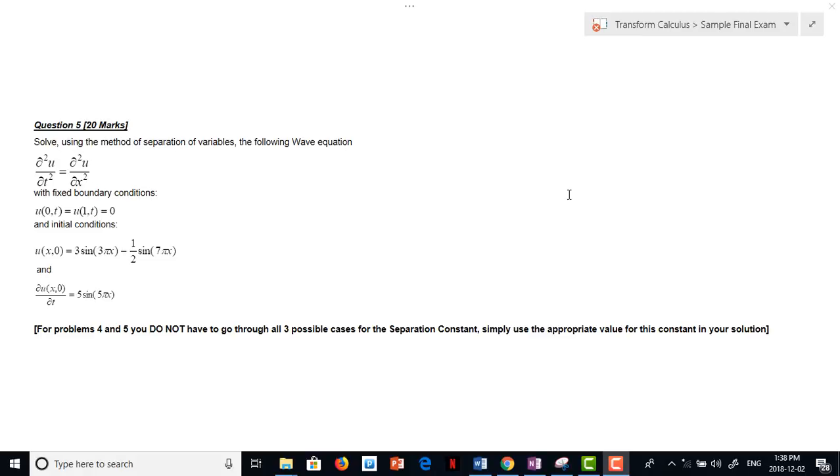For problems number 4 and 5, you do not have to go through all 3 possible cases for the separation constant. In fact, for lambda, we should not consider lambda equal to 0 or negative. We just assume that lambda is a positive number.